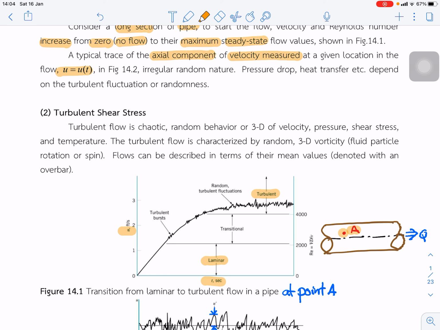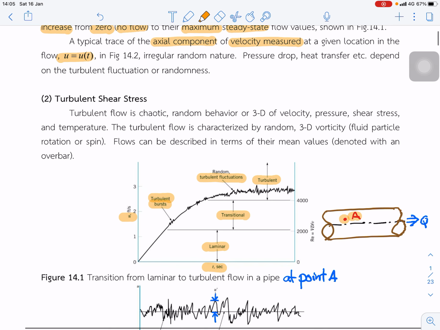Between laminar and turbulent is the transition. This we call the turbulent burst, fluctuation of the velocity, or random turbulent fluctuation. Because of the irregular random nature, the pressure drop and heat transfer depend on the turbulent fluctuation or randomness.